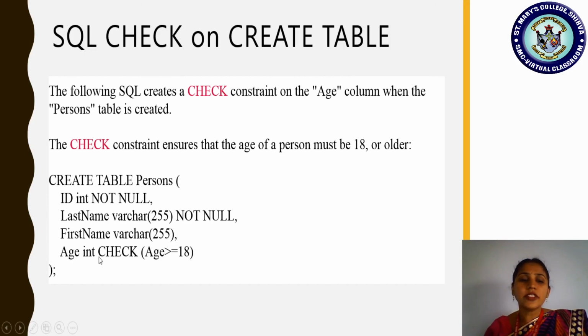Age int. Either int, or as I have told you, we can use number also. Number data type is what we will frequently be using in our implementation. If you are specifying number, you should specify the size also. So in case I am replacing int with number, age number of 2, that is, a 2-digit value for age.